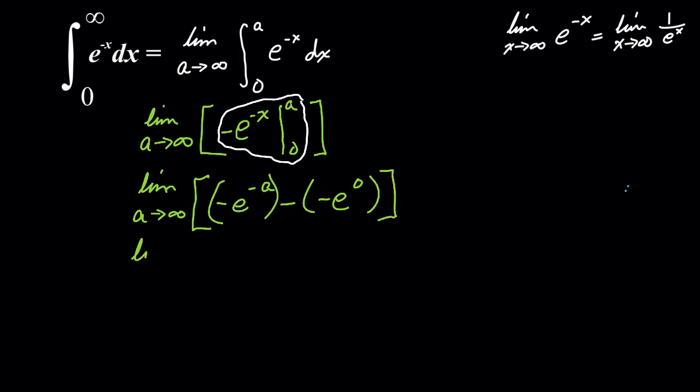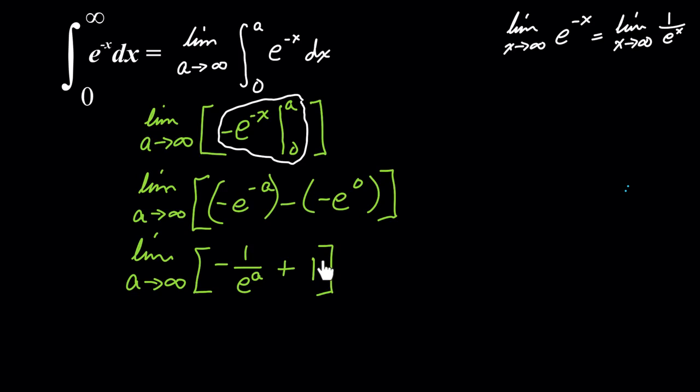All right, so this becomes the limit as a approaches infinity, and we'll just clean this up a little bit. This will end up being negative 1 over e to the a plus e to the 0, which is 1. All right, and we know that as a gets larger, our denominator gets larger, which means this is going to approach 0.